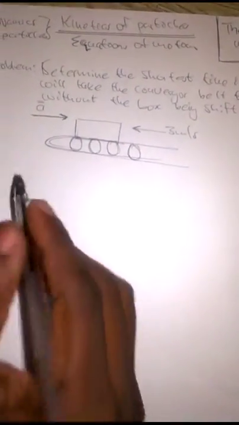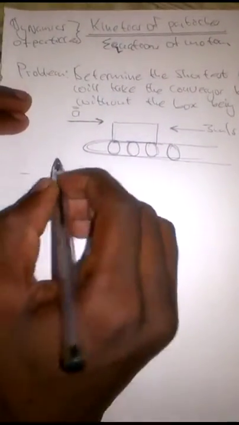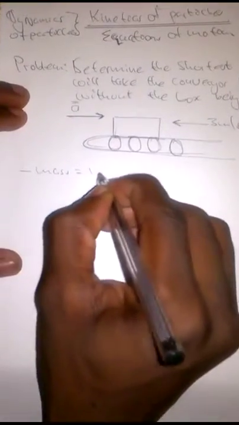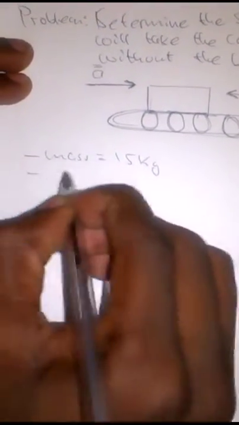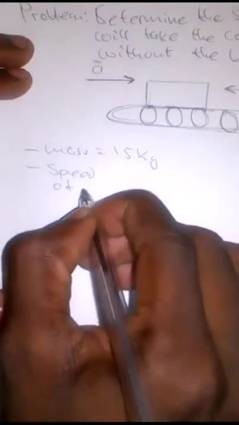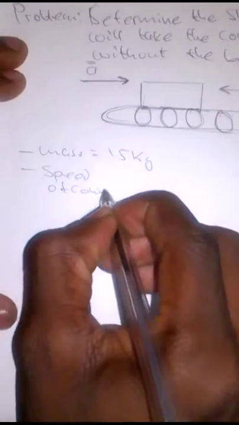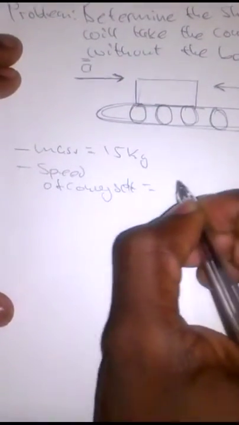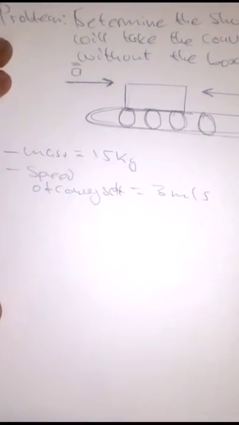Okay, so we are told that our box has a mass of 15 kilograms, and the speed of the conveyor belt is 3 meters per second.